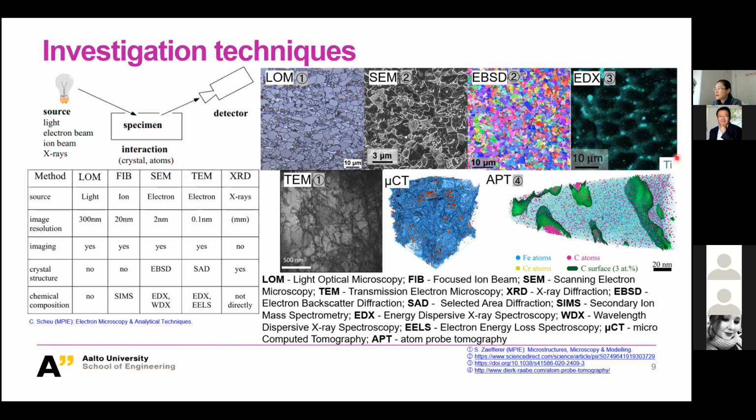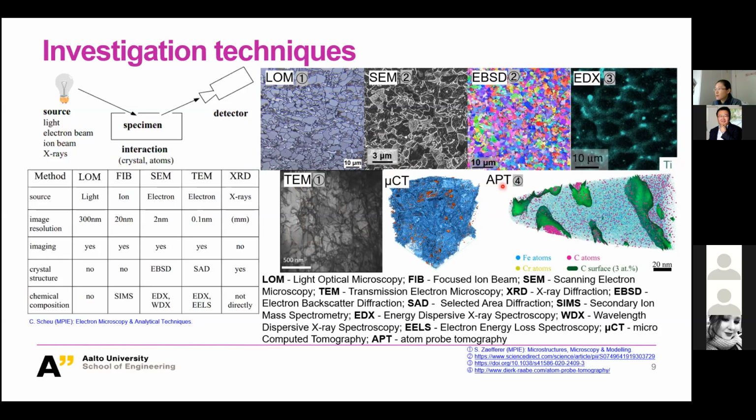This is for titanium, and we can also see that this titanium always segregates along these grain boundaries. And for TEM, you can see dislocation lines and also grain boundaries here. And this is micro-CT. The application for micro-CT is to observe these voids, marked in the red area.